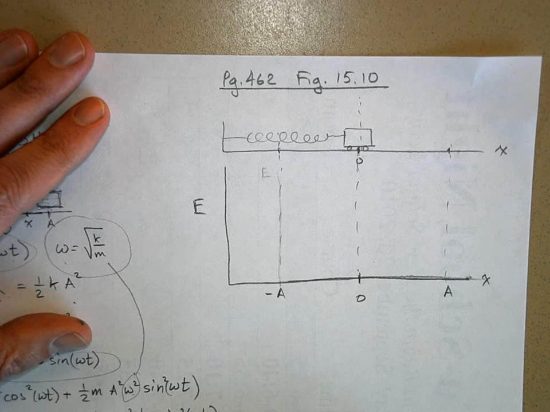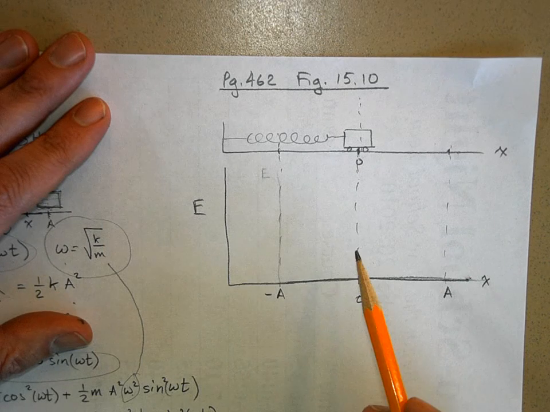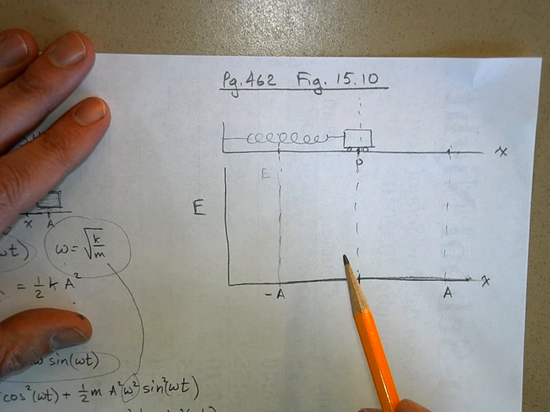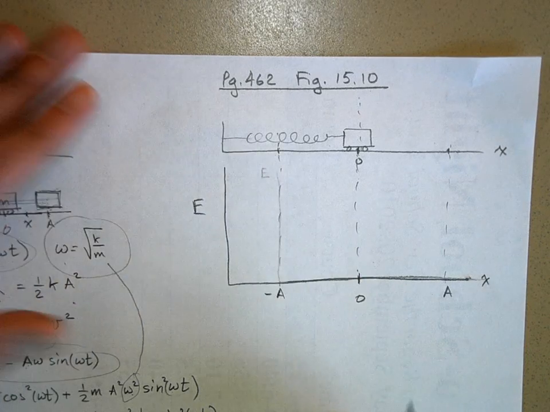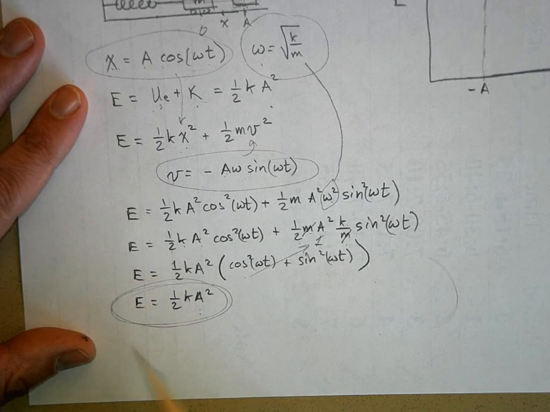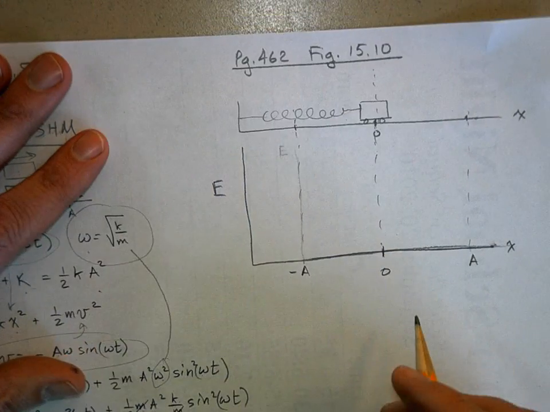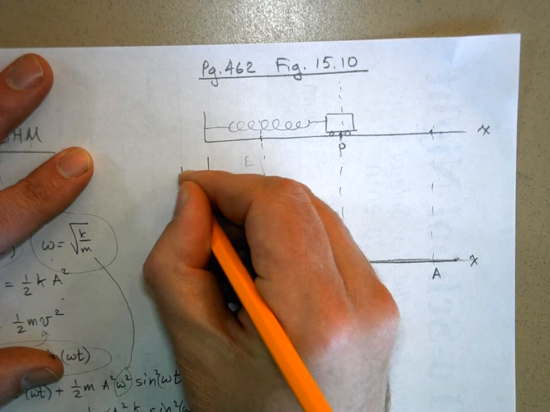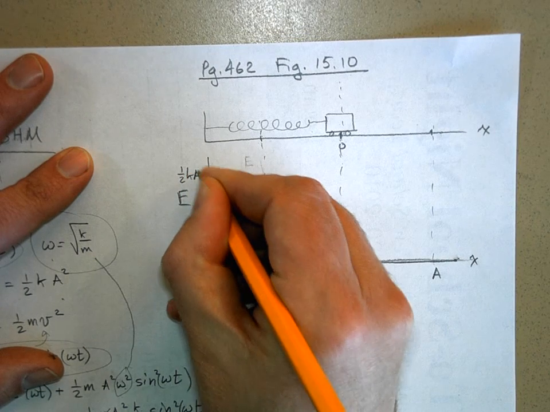Now, if I graph the total mechanical energy as a function of position, well, we said over here, look, the total mechanical energy is a constant. It's 1/2 K A squared. So on my graph, I'm going to say, hey, this is 1/2 K A squared.